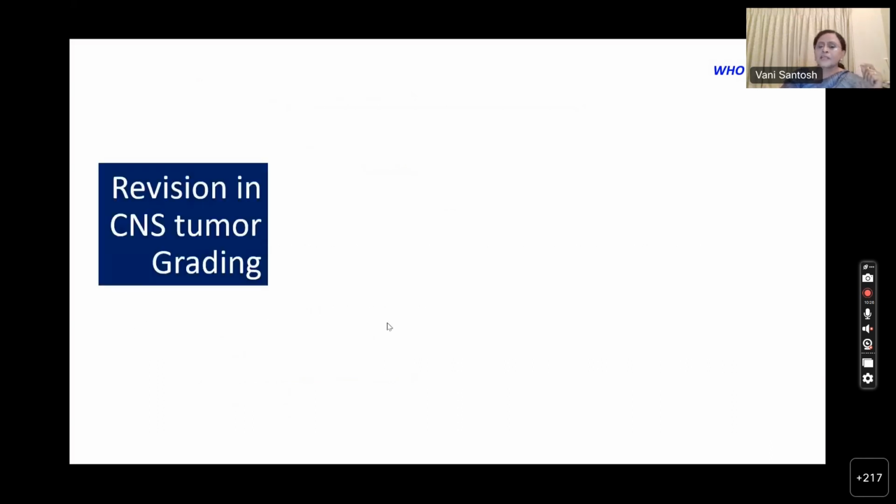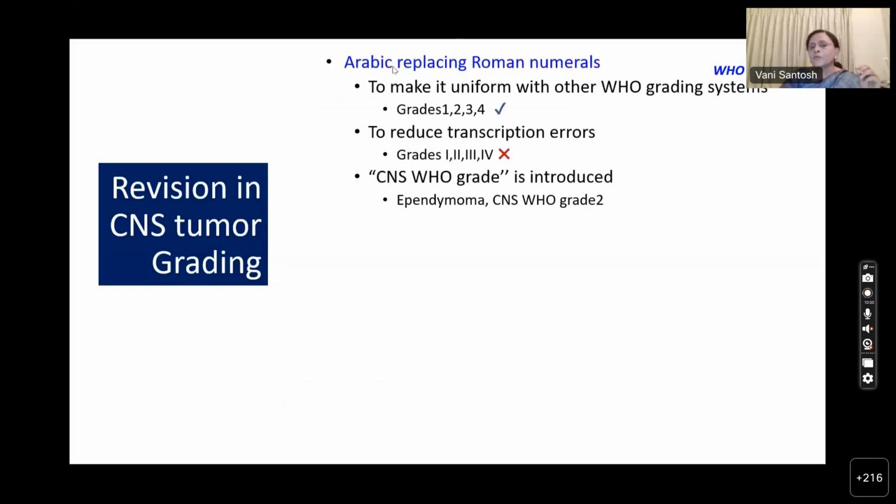Now there is revision in CNS tumor grading in this WHO CNS 5, and we now use Arabic numerals for grading and not Roman numerals. The reason Arabic numerals are used is because it has to be made uniform with the other WHO grading systems. In all other WHO grading systems, it's Arabic numerals. So even in CNS, it has become Arabic.